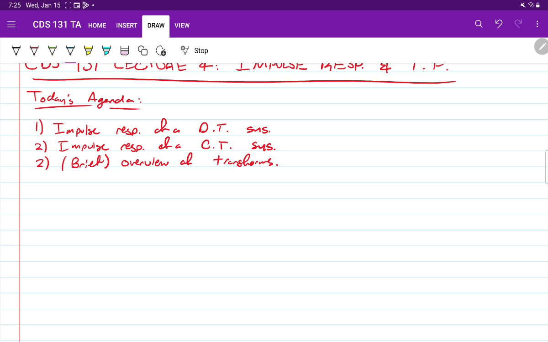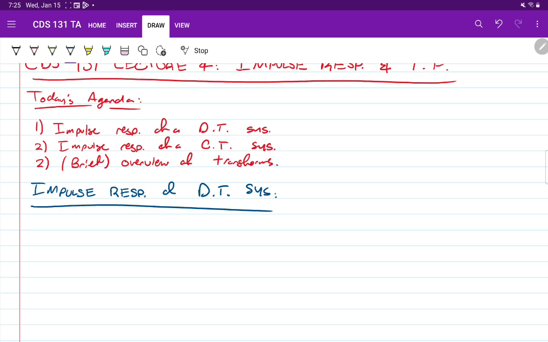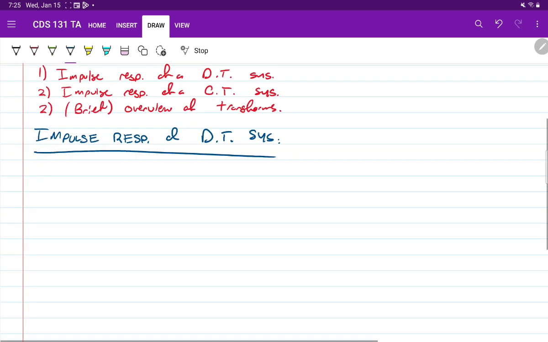Okay, so as I set up here, we're going to start by talking about impulse response of discrete time systems. And before we dive into the specifics of this, I want to take some time just to lay out the approach we've taken so far. So far, our analysis is focused pretty much entirely on the state equations of the system, right?